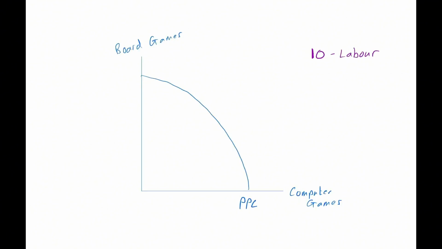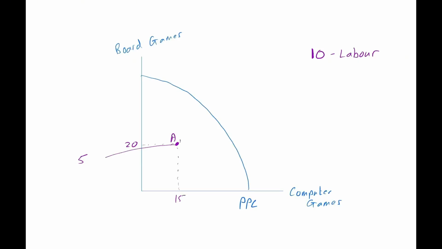They're currently working, okay? So let's just put here point A, and point A is the output when 5 units of labor is being employed, okay? So let's say the 5 units of labor make 20 board games and they make 15 computer games, okay?